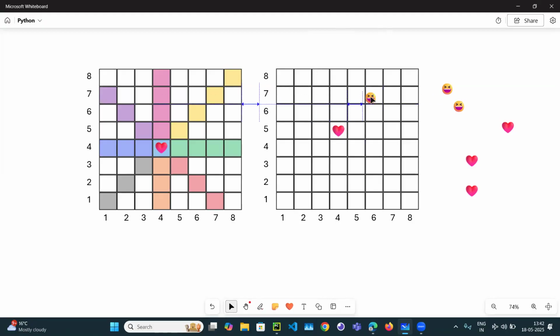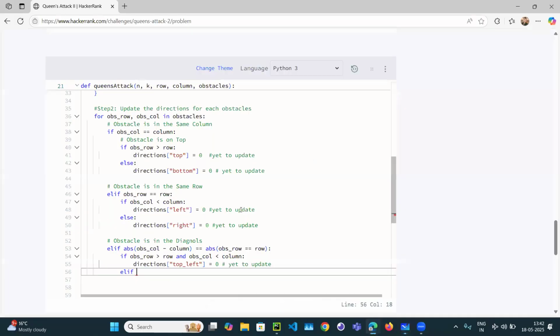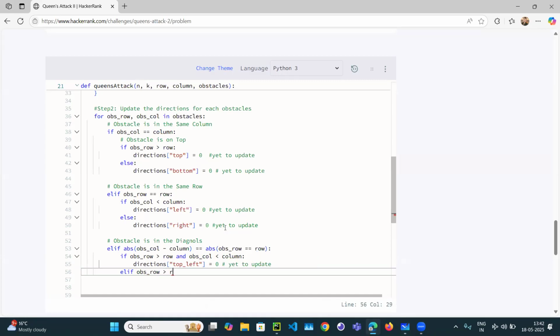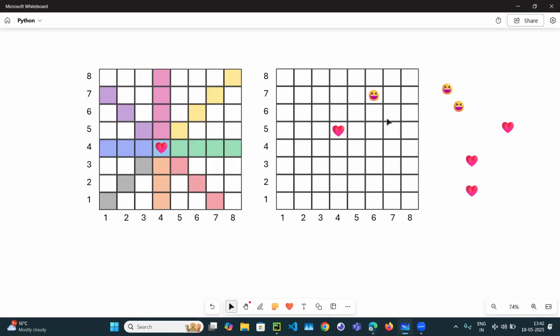So now let's say obstacle is on the top right. So how you know obstacle is in the top right? So top means row should be more. So if obstacle row is greater than row, and because 7 is greater than 5, and column should be also greater. So 6 minus 6, and this is 4.